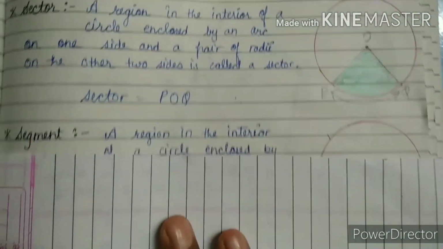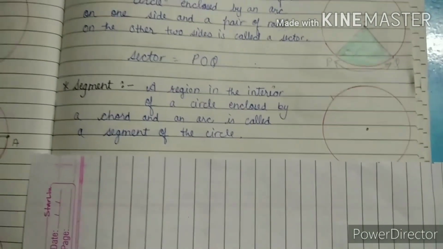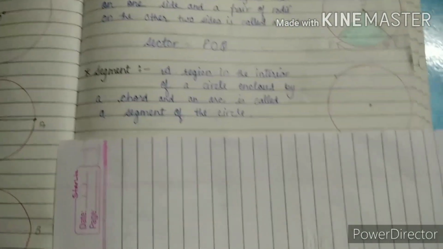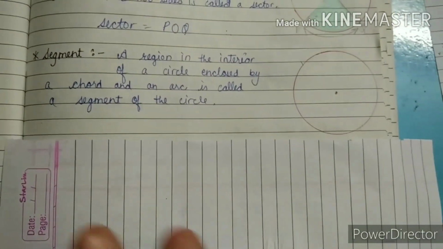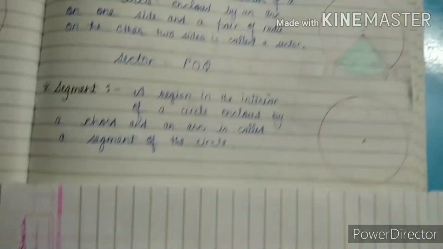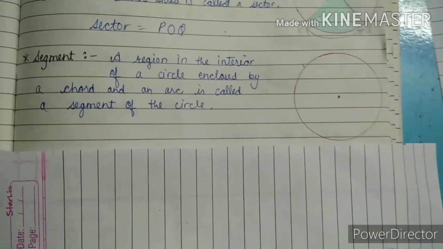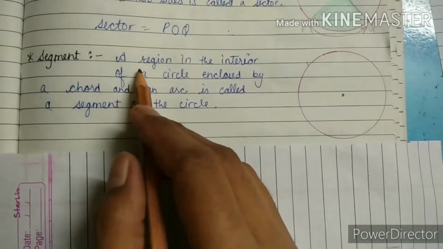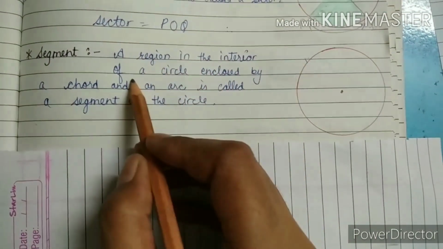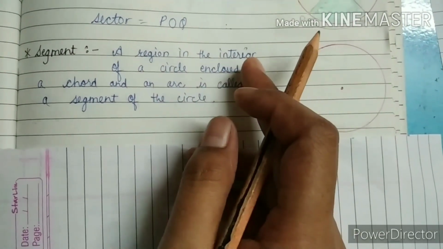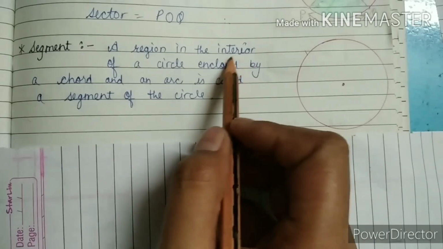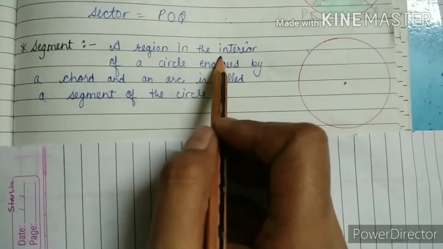Now the new definition is segment. Have you seen the word segment anywhere? Yes, you have seen the word segment in line segment. Same as line segment, it also comes in this definition. A region in the interior of a circle. Region means some part of the circle, but where? Inside the figure, because they use the word interior.